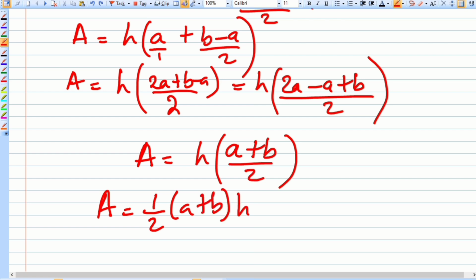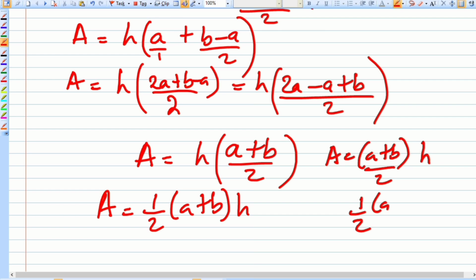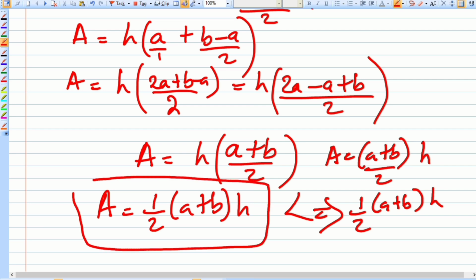So I have A equal to A plus B all over 2 times H, right? Then A plus B over 2 is the same thing as half times A plus B, since 1 times A plus B is still A plus B, then times the height. So that's how they got this formula. So please take notes. So our area of trapezium is half A plus B times the height. So that's how to derive the formula for the area of a trapezium.